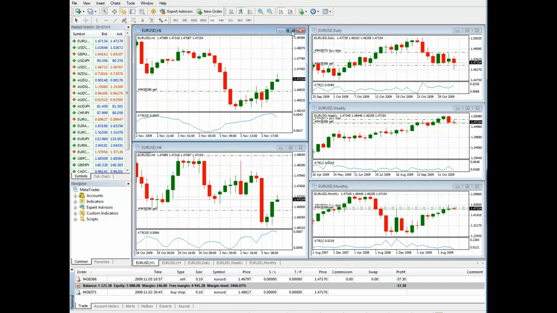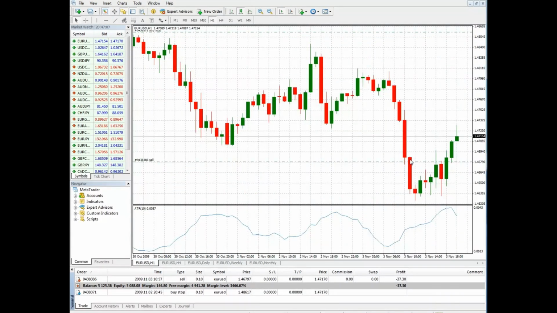We'll pop in here to the hourly and take a look real quick. We broke through here and sold off. Went down nicely. Now actually when we were 53 pips to the good, we could have actually placed a break-even stop right back here where we were in the market before.